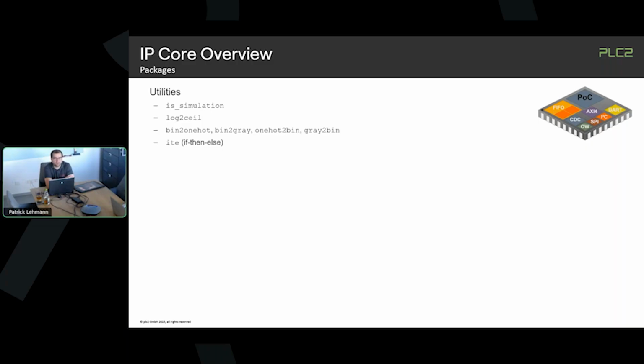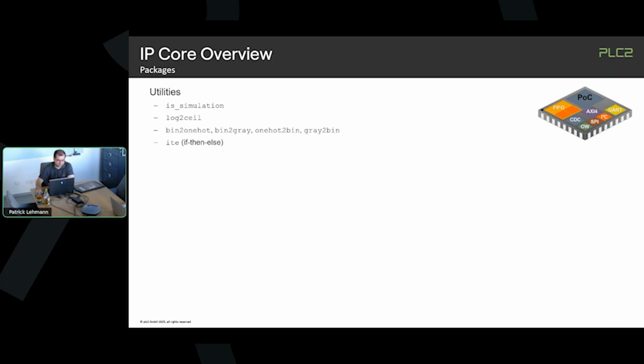Let's say you have a stopwatch and you want to run it with seconds resolution. No one needs nanoseconds. So counters, instead of counting to 100 million, can just count to 100. And this is done as code with an implementation using the function ite.